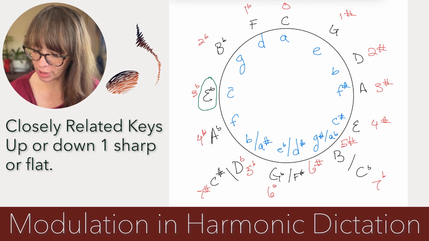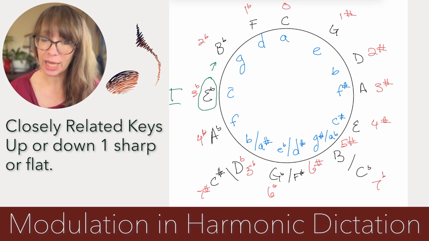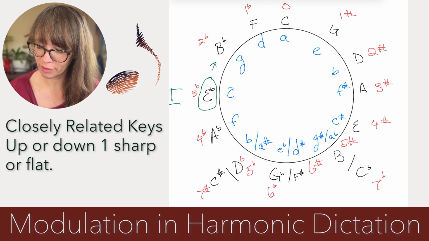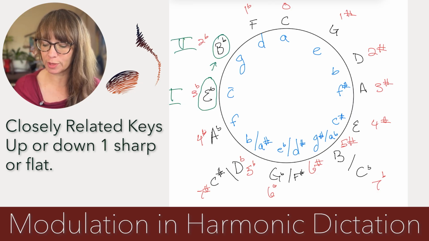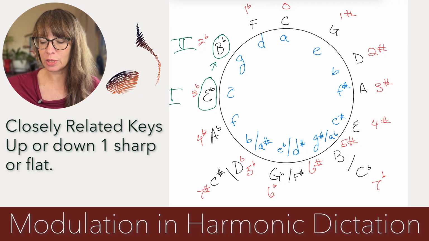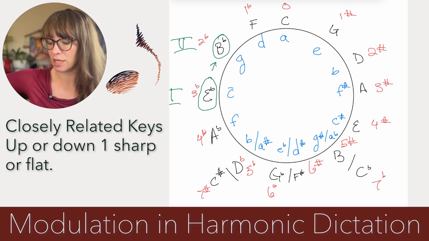So if E flat is our tonic chord, we can go less 1 flat, and that would be to B flat, which would be our dominant key. So we're going to take those chord names that we've been talking about and talk about now in terms of key relationships. So if you go to the key based on the 5 chord, you're going to the dominant key.